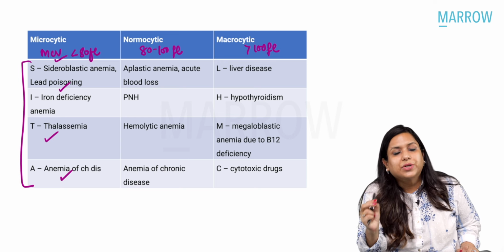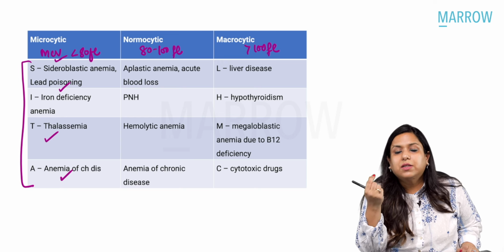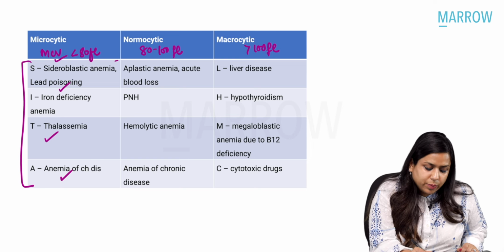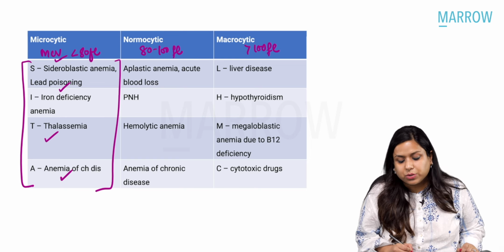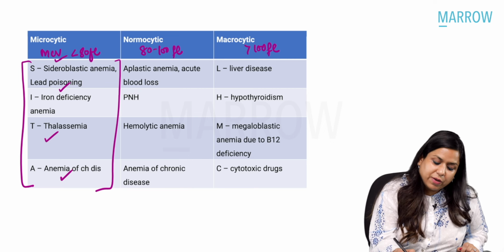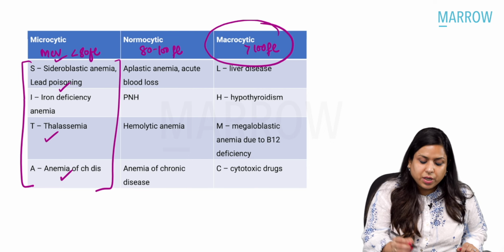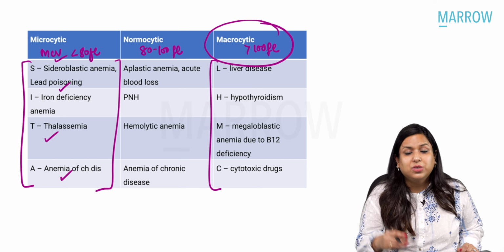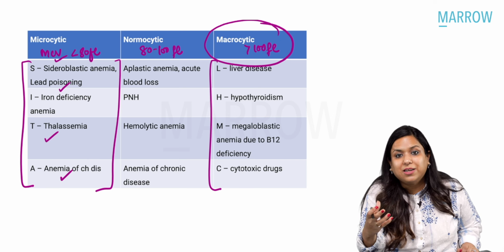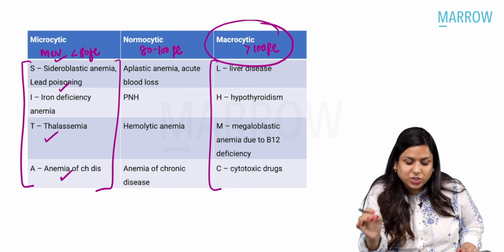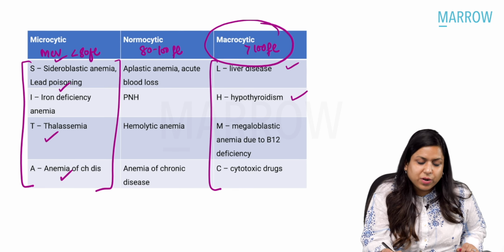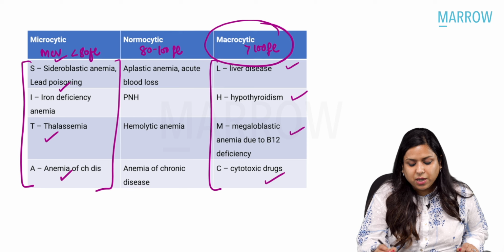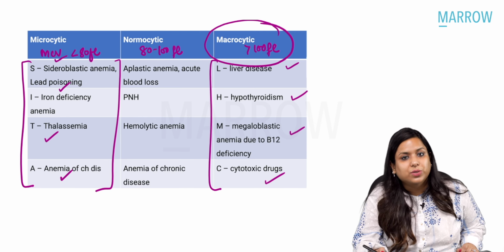So, in the MCQ exam, if it is given that the MCV is 60, 65, 70, that is less than 80, always think about these differential diagnoses. On the other hand, if the MCV is high, more than 100, you have to think about LHMC, Lady Harding Medical College, which is a very popular medical college in Delhi, only for girls: L for liver disease, H for hypothyroidism, M for megaloblastic anemia due to B12 deficiency, and C for cytotoxic drugs, right?